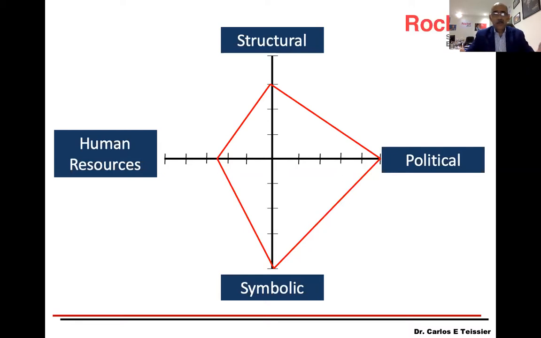You are natural for it. However, if this problem is generated in the political frame, if it's a political situation in an organization, and you, as a leader, when you see the situation, you try to solve it with your natural profile, which is the structural profile, you're going to make a mistake. We have seen this so many times.